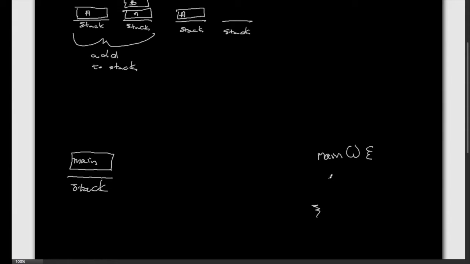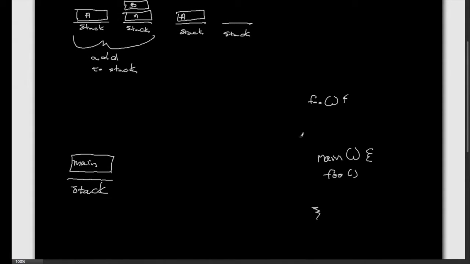Now let's just say this main method calls a method called foo. Let's write foo up here. That method foo will get placed on top of the stack, just like book B up here was placed on top of A. So let's draw that.